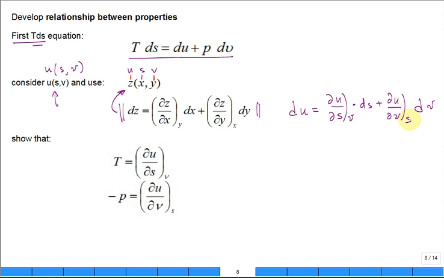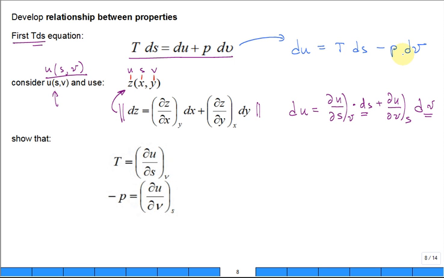True? So just by mathematics, if U can be thought of as a function of S and V, then a small change in U can be related to a small change in S and a small change in V. You just compare, rewrite this equation to have dU is equal to T dS minus P dV.